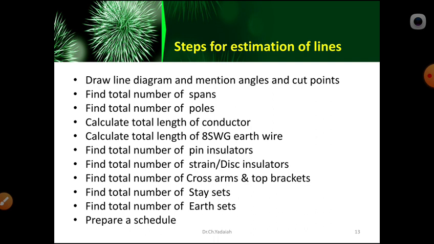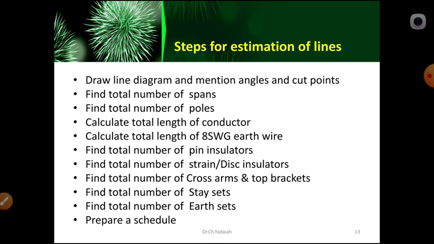As engineers, we have to estimate optimum, minimum materials. Work should be perfect, cost should be less. These are our aims in estimating the lines. At the same time, it should be reliable, without breakdowns, very safe and controllable. These are all factors we have to keep in mind before erecting the lines and before making these calculations.